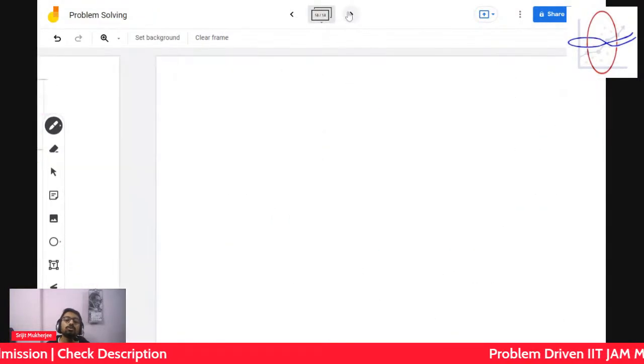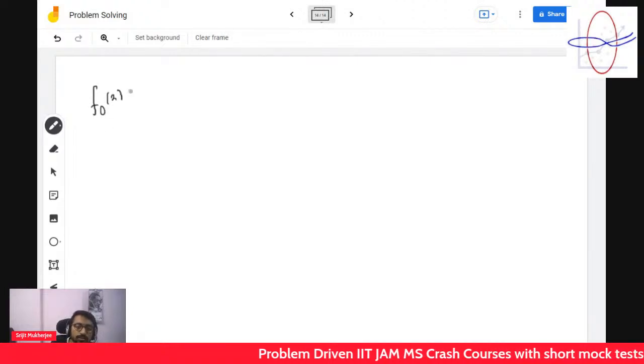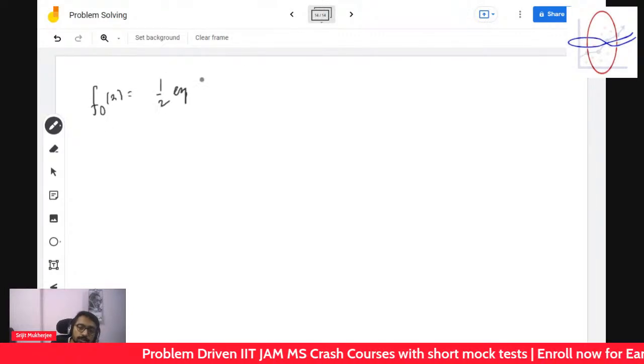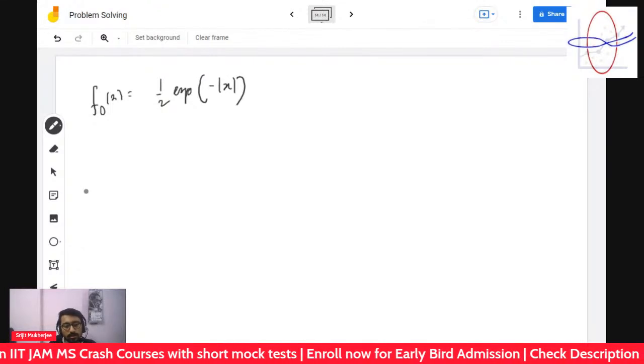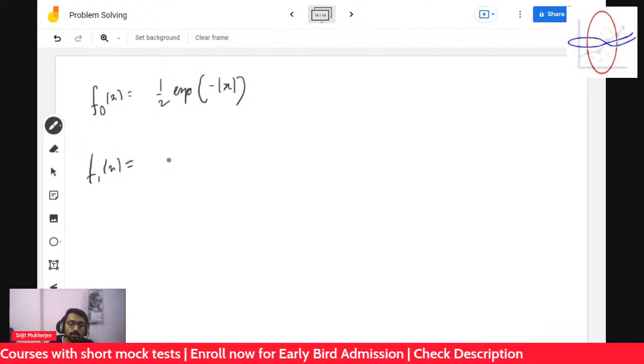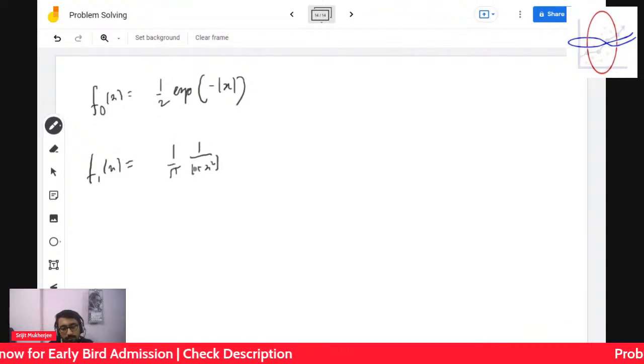So we have two equations. f naught is half exponential of minus mod x, and f1 is 1 by pi times 1 by 1 plus x square.